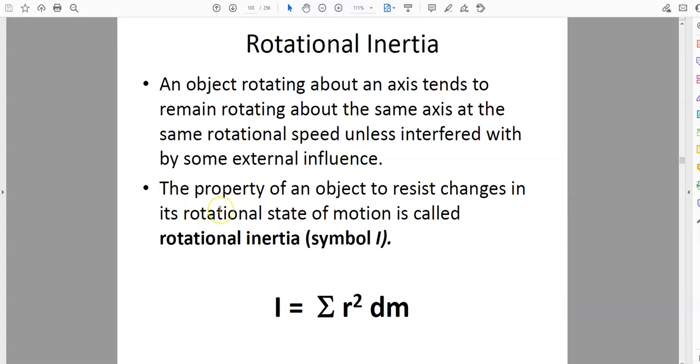So mass inertia is a concept of a mass resisting its state of motion based on its mass. Well, the same concept goes for rotational inertia. Higher rotational inertia, which is analogous to a higher mass, is going to have a harder time changing its state of motion.